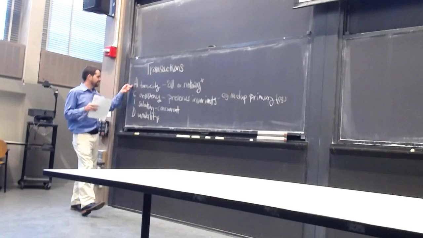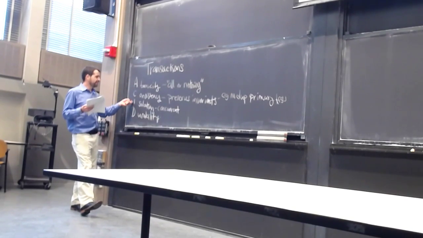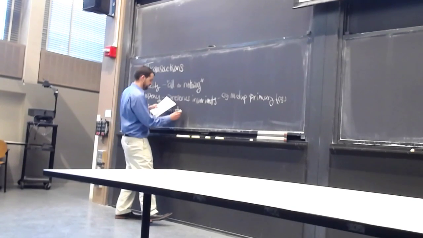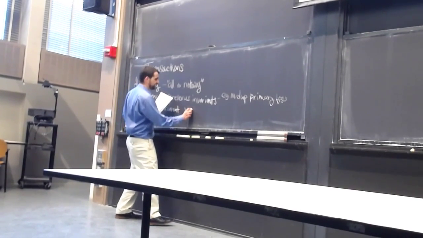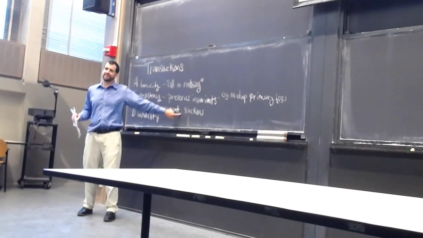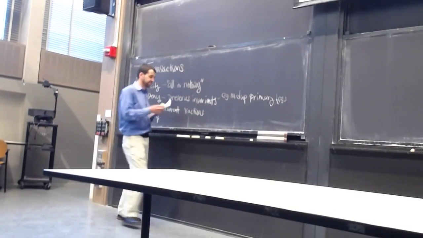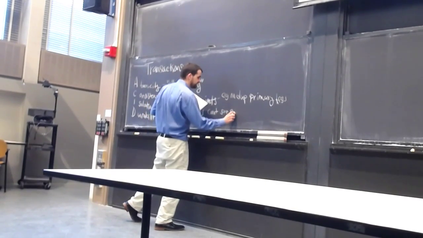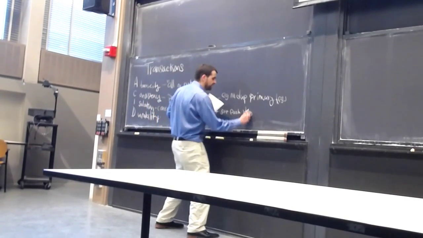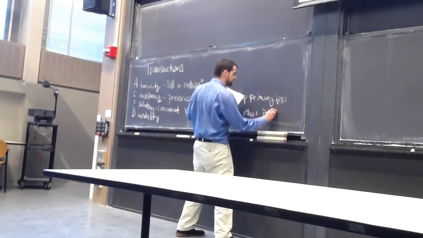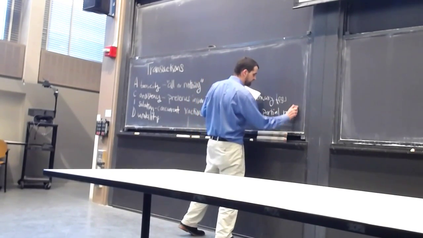Isolation is sort of a given if you have atomicity. So isolation just says that concurrent operations, concurrent transactions, and I'm going to abbreviate transactions as Xacts on the board, can't see each other's partial results.